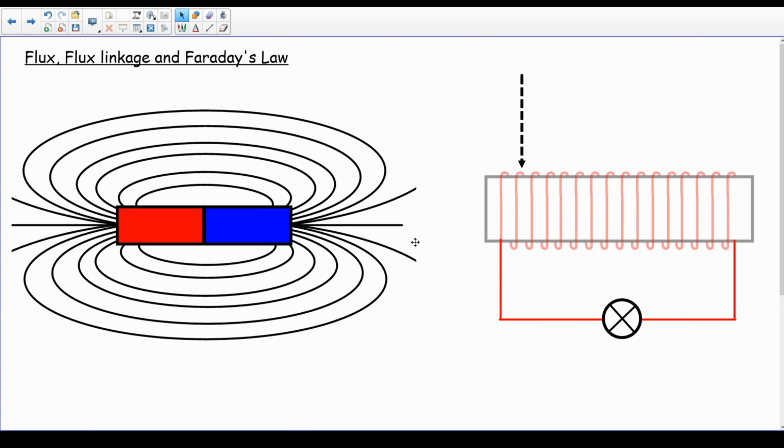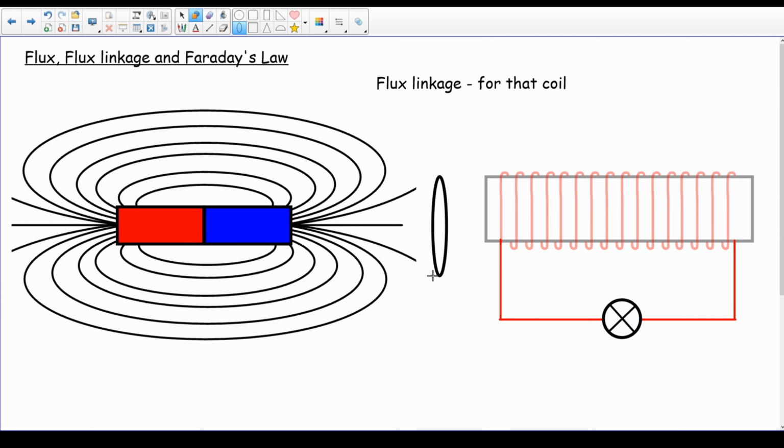The amount of flux that is coming through a coil of wire at any given time is called the flux linkage for that coil. So it's the amount of flux that is being caught, as it were, by that coil of wire. So imagine that the coil of wire, let's draw it in a slightly more transparent way.